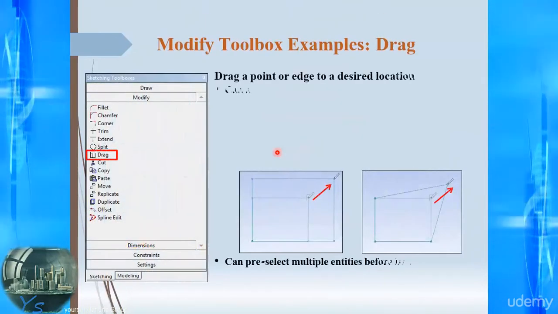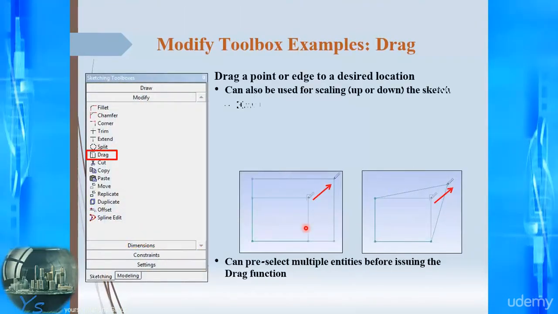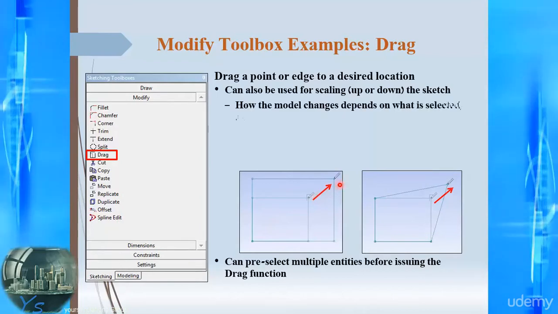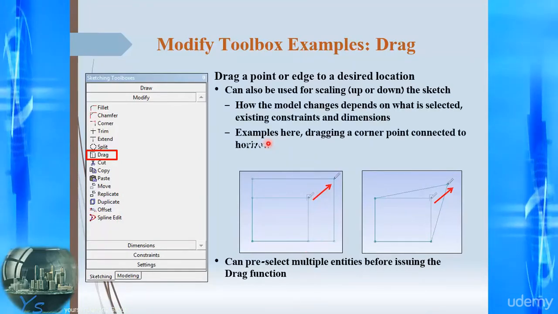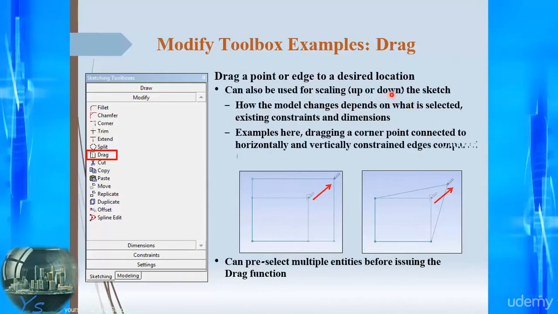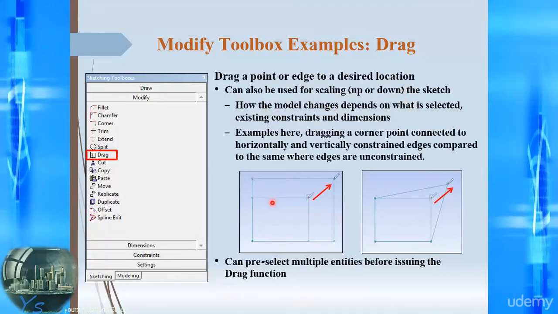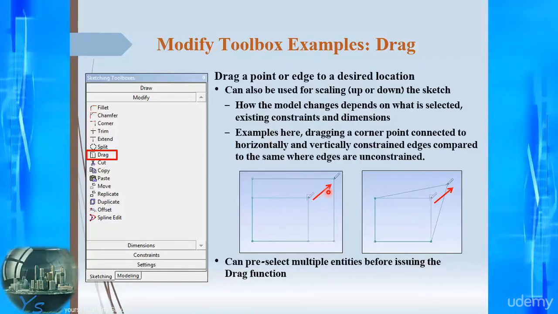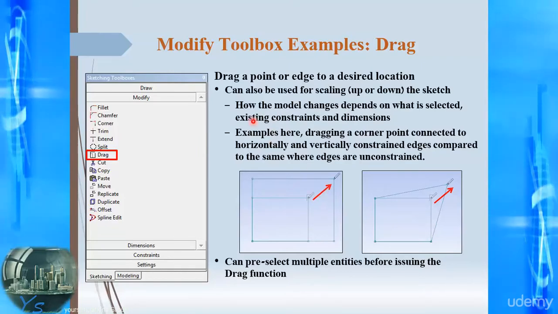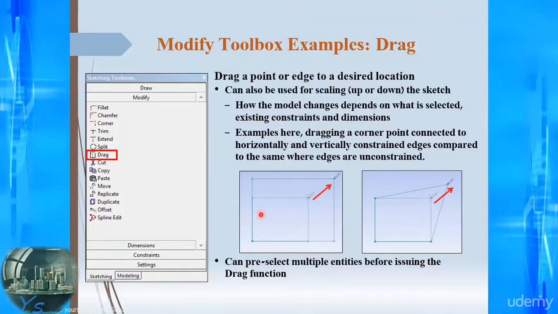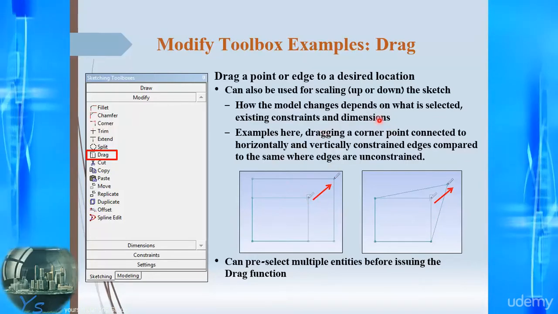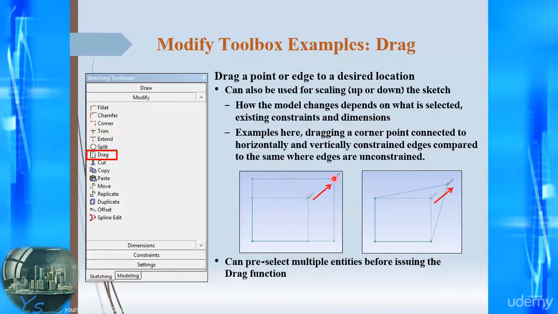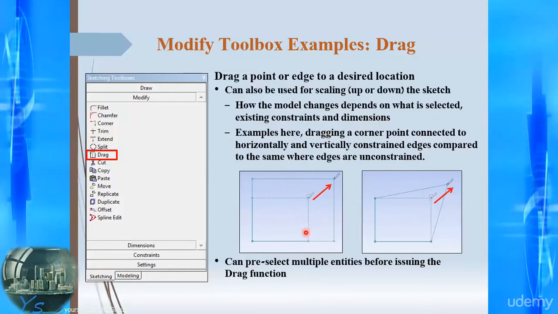Here's the next option, drag. It allows us to take an existing sketch and drag a point out into a modified sketch, so it can be used for scaling the sketch up or down, but of course it does have to conform with any existing constraints and dimensions that have been applied to that particular sketch, because if there were such constraints, these would cause it to be invalid.